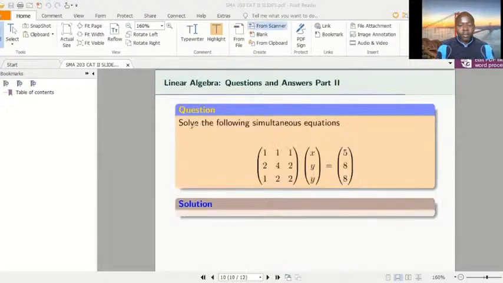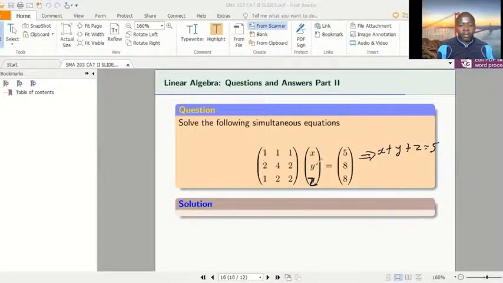Now, this question says solve the system of linear equations. So this is what you know. This is the same as if I multiply this row by this column, I would have x plus y plus z is equal to 5.